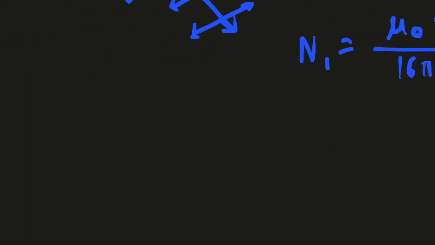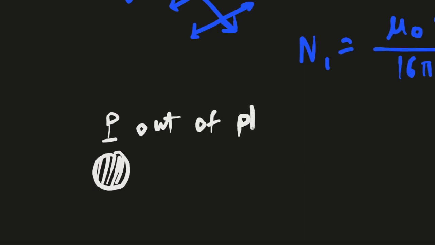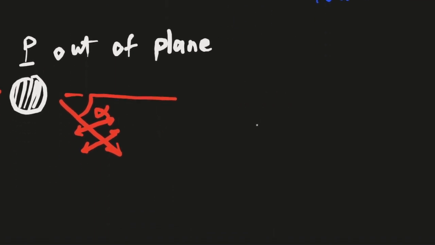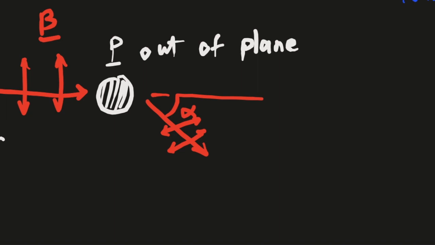And then the radiated flux you can get to be. The second case is when it's out of the plane. So P is out of the plane, and we have a magnetic field now. So E is out of plane.